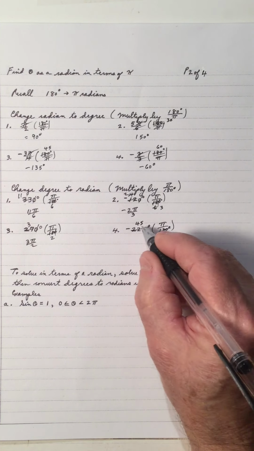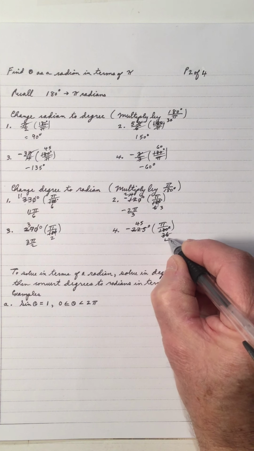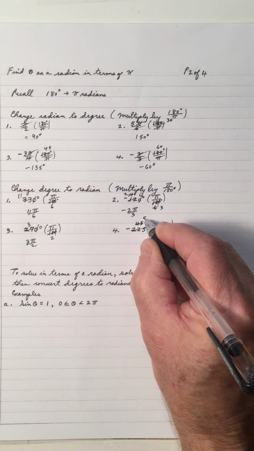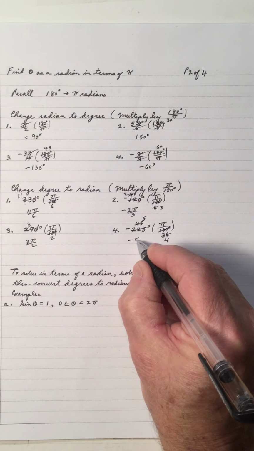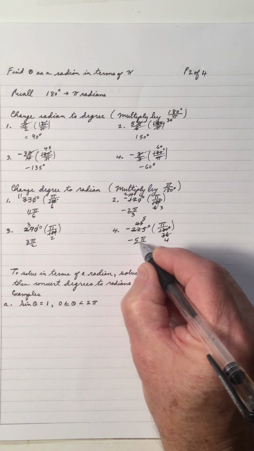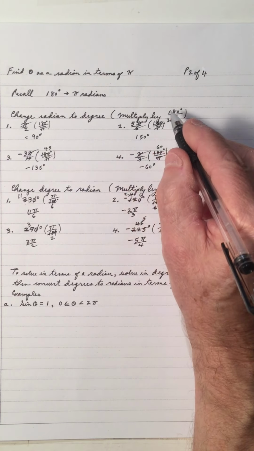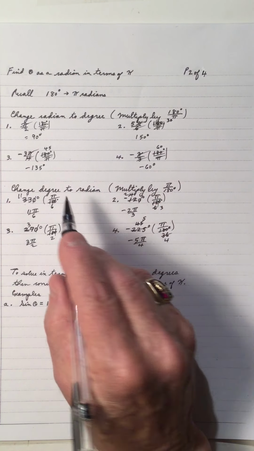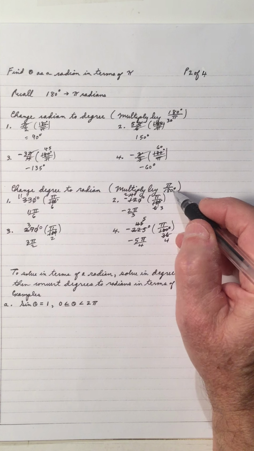And I see a 9. 9 into 36 goes 4. 9 into 45 goes 5, so we get a negative 5 pi over 4. So that's converting radians to degrees, multiplied by 180 over pi. To change degrees to radians, multiply by pi over 180.